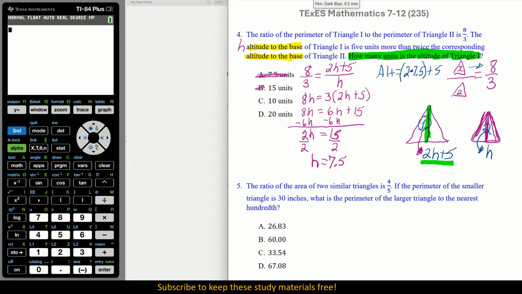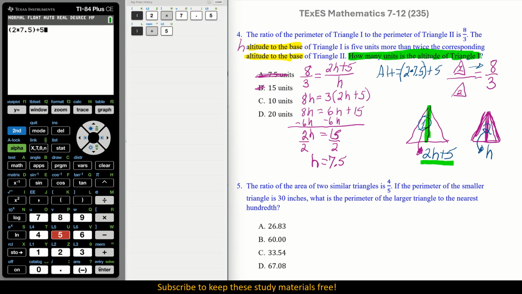Probably the calculator would do it without the parentheses, but I'm a stickler for that because you never know when your order of operations is going to fail. Okay, in parentheses, and then 7.5 parentheses plus 5 equals 20, and that is correct. Option 20. Okay, option D.